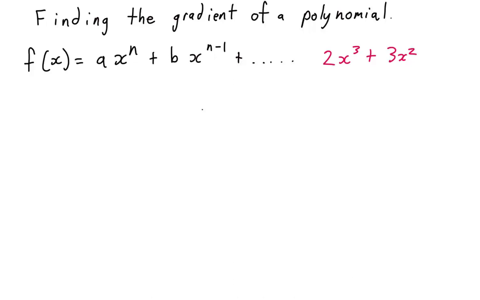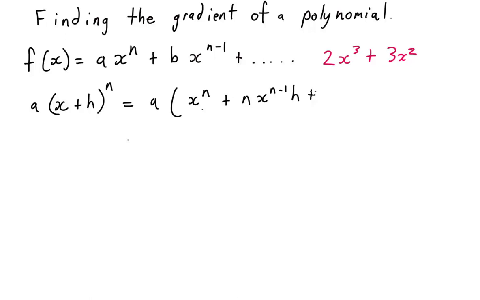Now, essentially, how the binomial theorem works is it can tell us how we can expand any of these polynomials. So if we were to try and expand, let's say, this first term here, let's suppose that instead of it being x, it was x plus some other number, so x plus y or x plus h. So we could expand this to be x^n, then we would get n x^(n-1) multiplied by h.